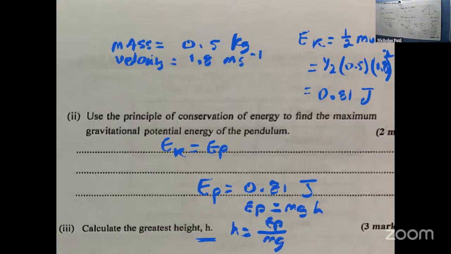Your potential was 0.81. What did you use as the mass? And gravity is how much? 1.6, and don't forget the SI unit, meters. 0.16 meters. Very good, Nerissa. Very, very good.